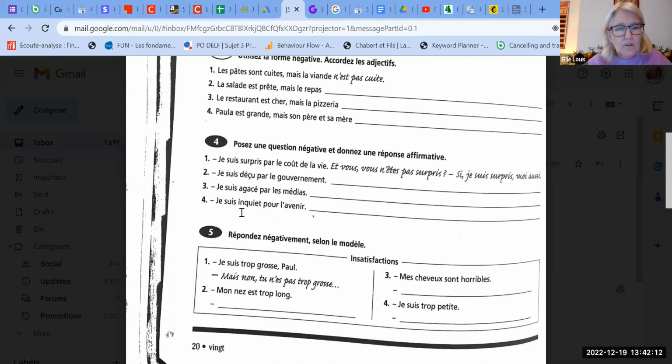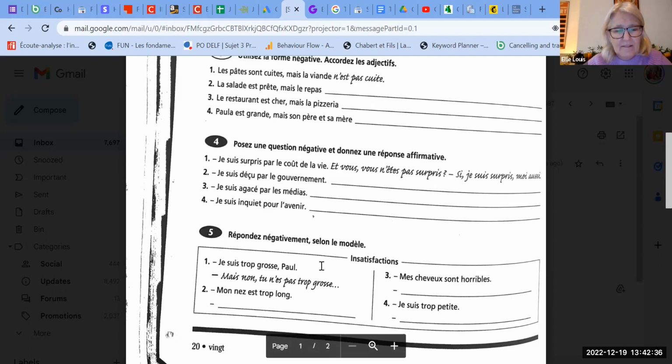And the last one then, so je suis inquiet pour l'avenir. I'm worried about the future. Okay, et vous, vous n'êtes pas inquiet? Si, je suis inquiet, moi aussi.